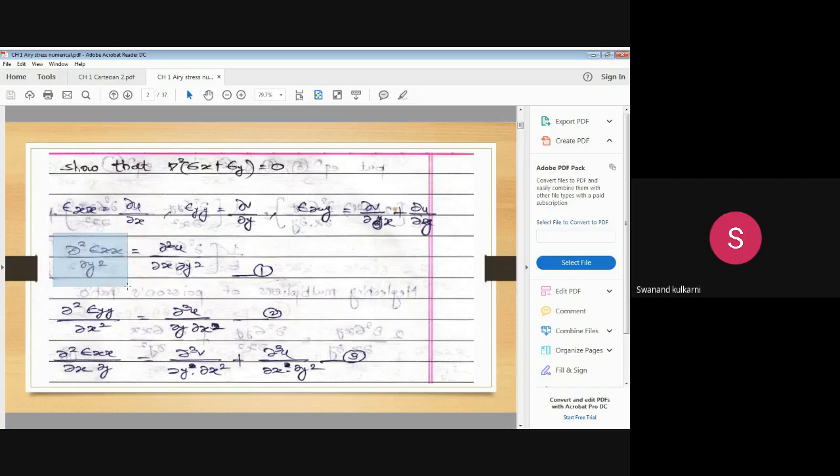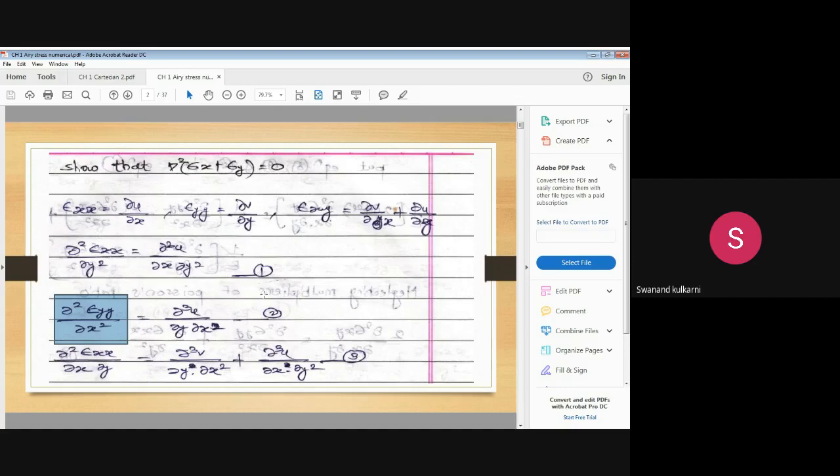So ∂³u/∂x∂y², this particular term we are replacing with reference to equation 1. Similarly, if we observe this particular term ∂³v/∂y∂x², that term can be replaced by equation number 2, ∂²εyy/∂x². So that term we are going to replace.